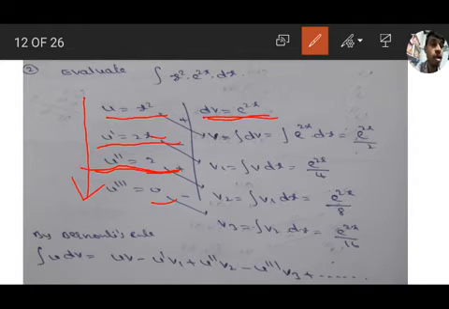Next, dv equals e to the power of 2x into dx. So v is the integration of dv, that is e to the power of 2x by 2.